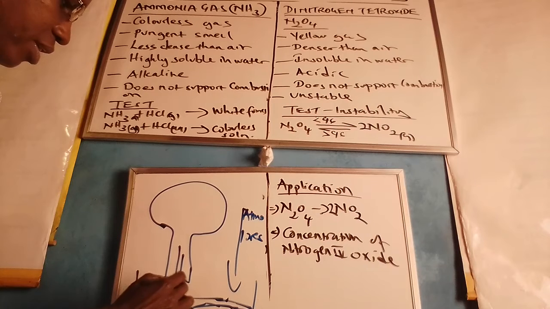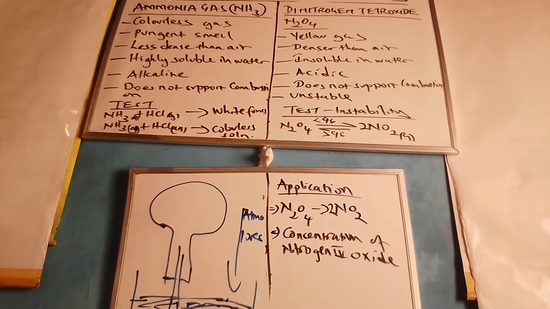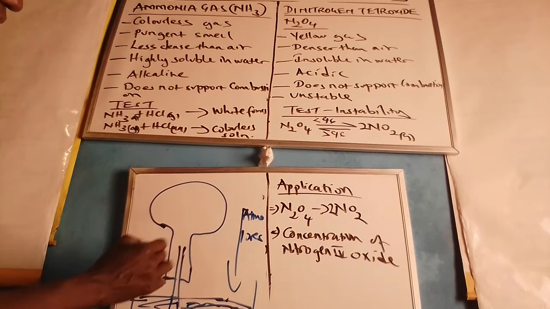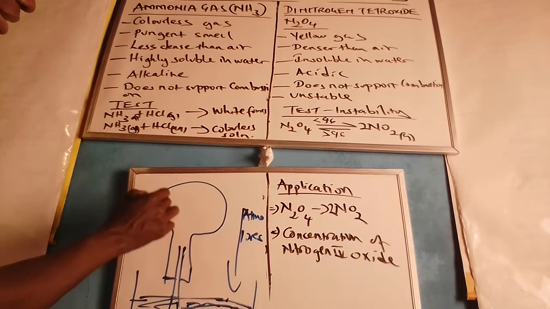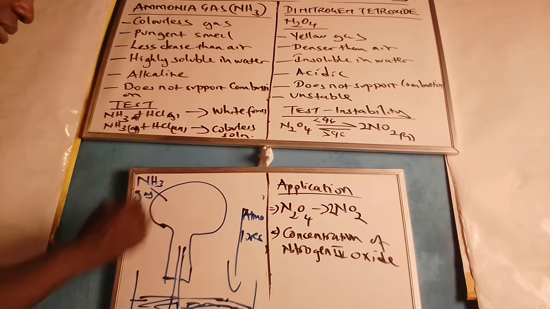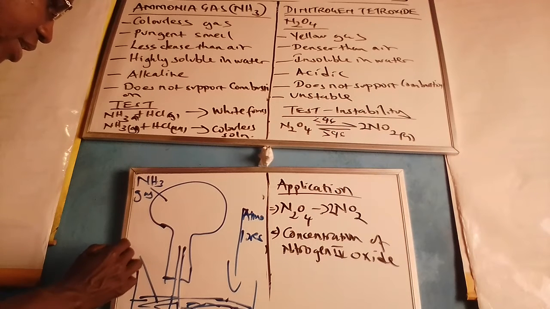Now, if this solution is mixed with an indicator like universal indicator, so we find that aqueous ammonia, the ammonia gas would be placed inside the round bottom flask, and then a solution of water treated with universal indicator.